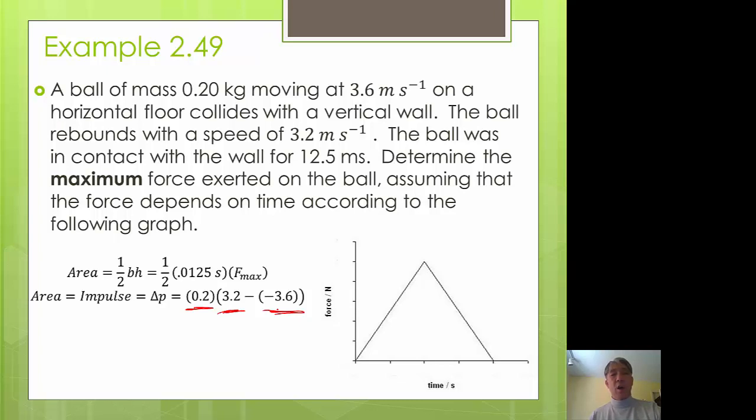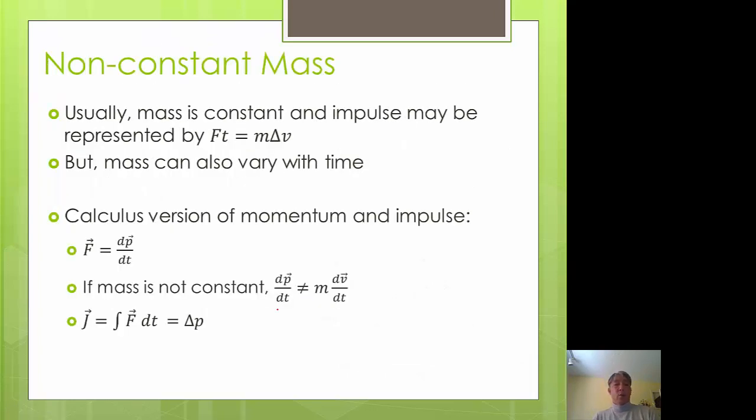So I declared away from the wall to be positive, towards the wall is therefore negative. You put this all together, do the calculations, and you find that the maximum force exerted by the wall is 220 newtons.